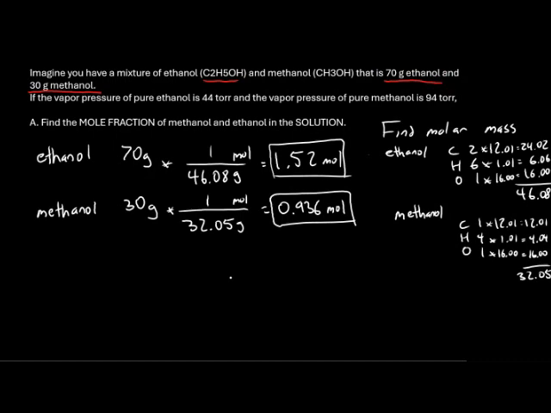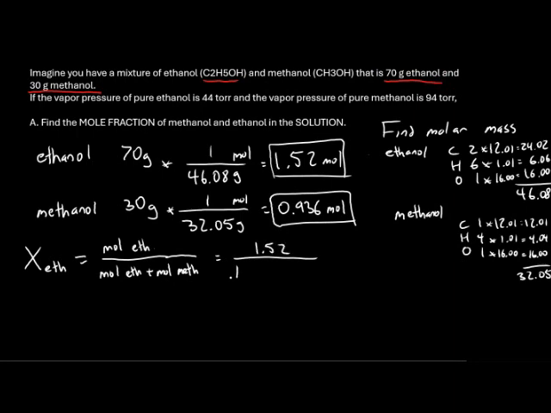Now that we know the moles, let's remember what mole fraction is. We'll begin by finding the mole fraction of ethanol, abbreviated with an X. I'll write ETH to show that it's for ethanol. On the top, we will place our moles of ethanol. On the bottom, we'll place our moles of ethanol plus our moles of methanol. Our moles of ethanol were 1.52.